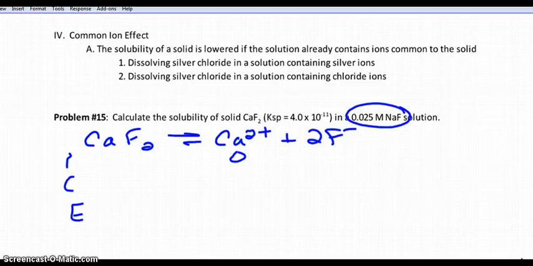For every 1 molar solution of sodium fluoride, we end up with the same molar amount of the fluoride ion. So if you start with 0.025 molar sodium fluoride, you start out with 0.025 molar fluoride ion. Remember, in your ICE table, you do need molarity, not moles. So let's go ahead and solve it like we always would.